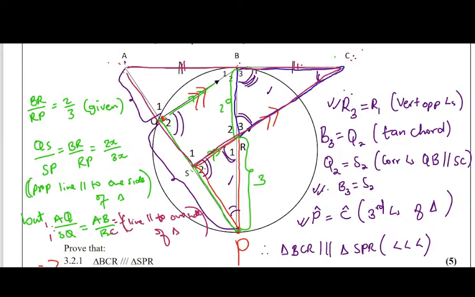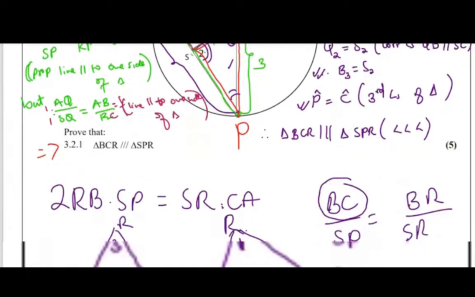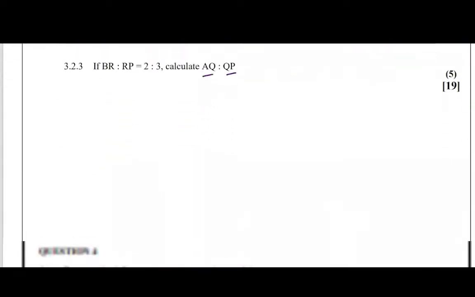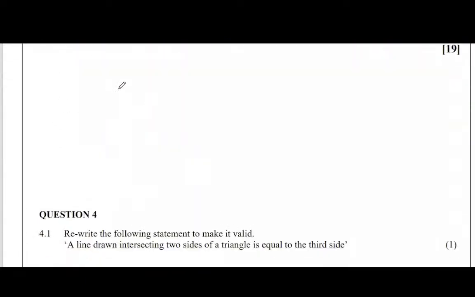Let me just go down and write it down there for the sake of space. Okay, then I'll say that if my AQ over my QS is equal to 1/1, reason is going to be AB is equal to BC, which was given to us.